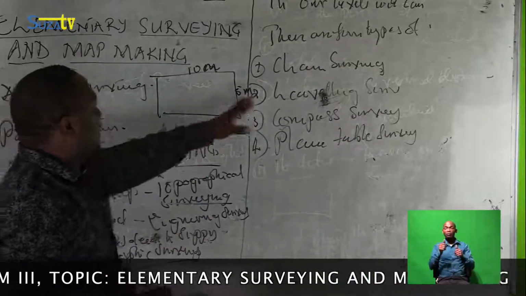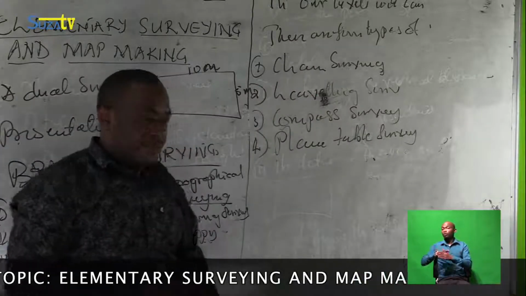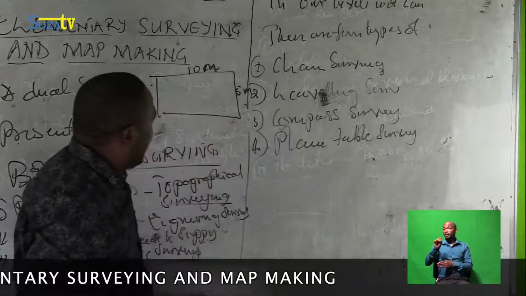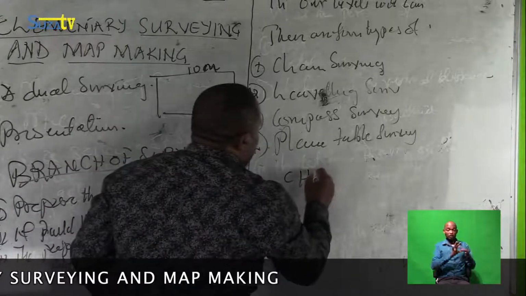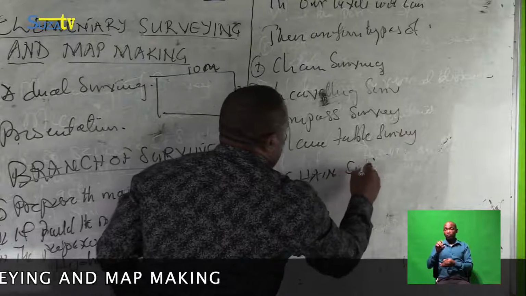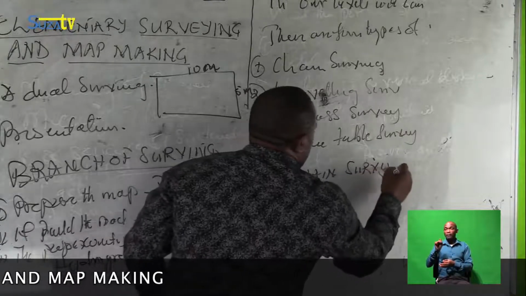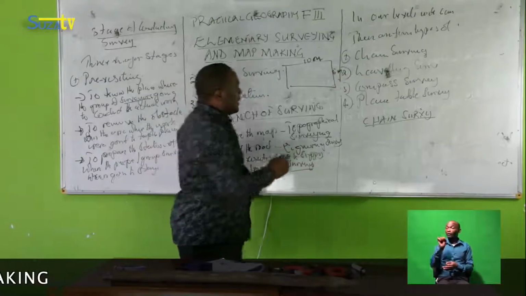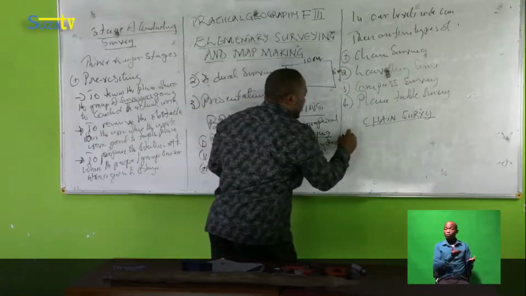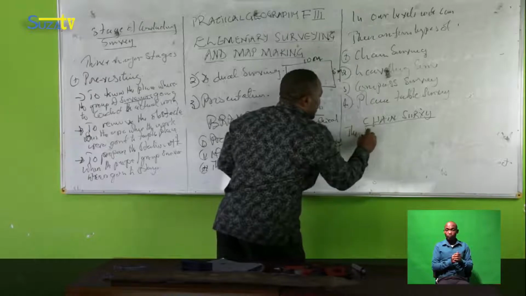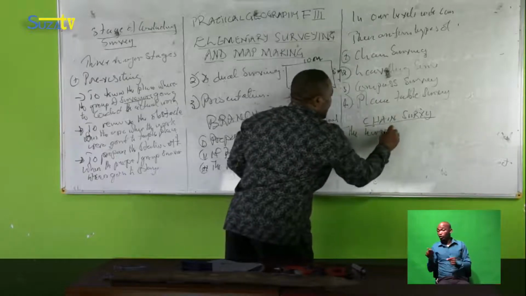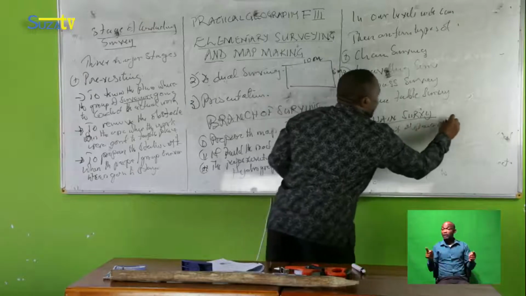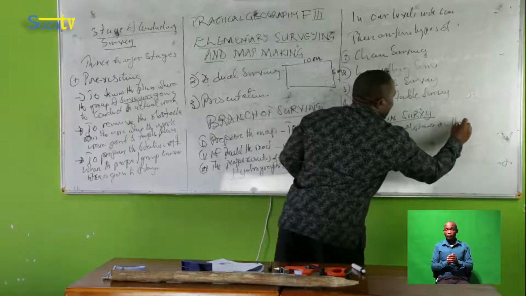So today we begin with chain survey. Chain survey is a type of survey used to measure the horizontal distance on flat land.